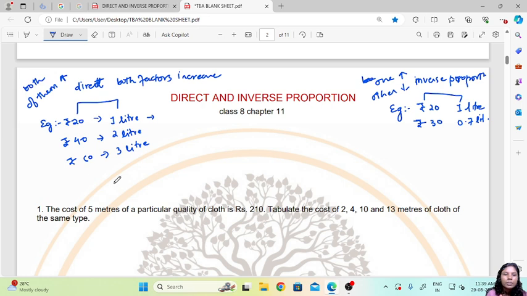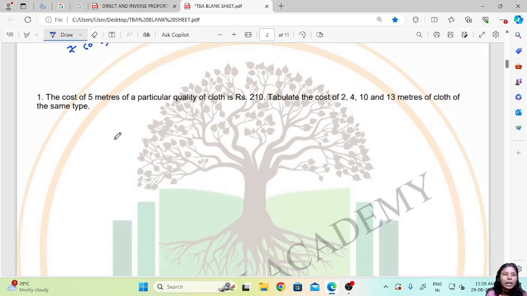Now we'll try to solve one easy problem. The cost of 5 meters of a particular quality of cloth is 210 rupees. Now tabulate the cost of 2, 4, 10 and 13 meters of cloth of the same type. So what they are asking here is that we have to find the cost for the given meters of cloth.